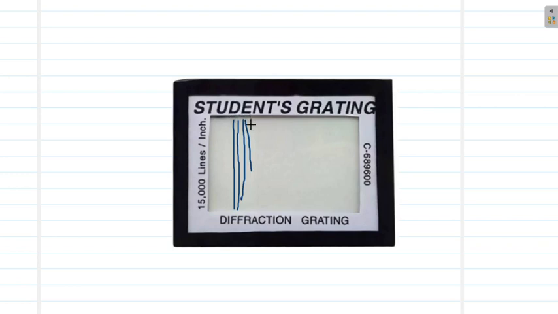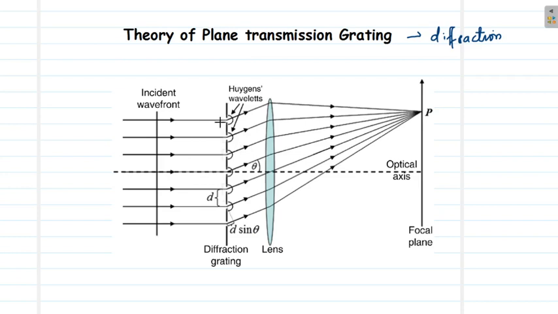There are fine opaque and transparent lines engraved onto this grating surface. As we know, an opaque surface will not transmit light and a transparent surface will transmit light. As a result, this can be considered a plane transmission grating.